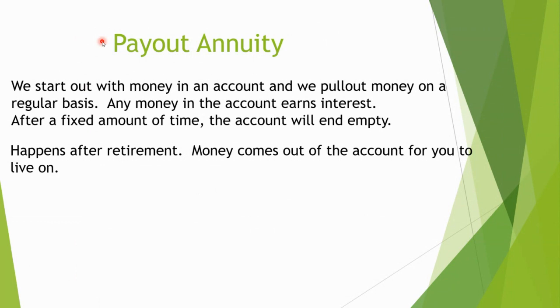But here's what we call a payout annuity. This is a little bit different. The idea here is we hit retirement, and now monthly, maybe, or even once a year, we're taking money out of that account. Money that's left in there is still earning interest.